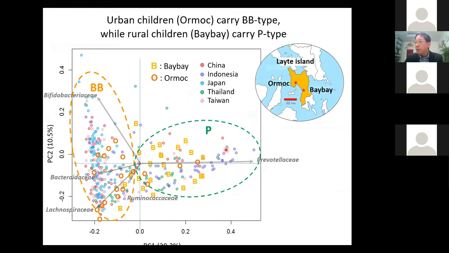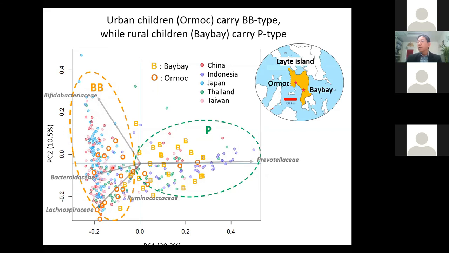The right side is driven by Prevotella, so we can say they have a Prevotella-type microflora. On the other hand, the children living in Ormoc have a Bacteroides and Bifidobacterium driven microbiota. So that's a BB type.